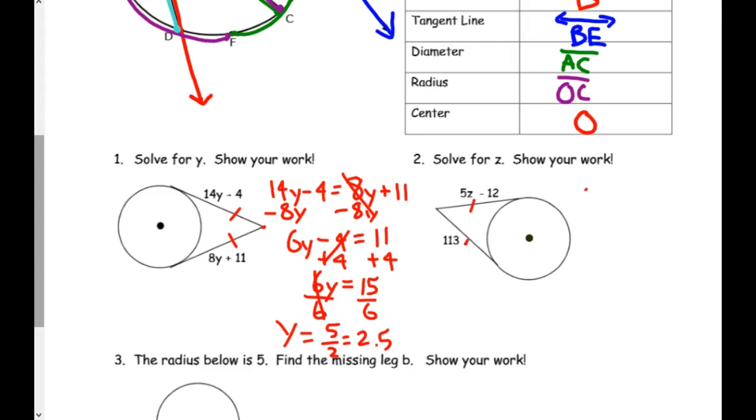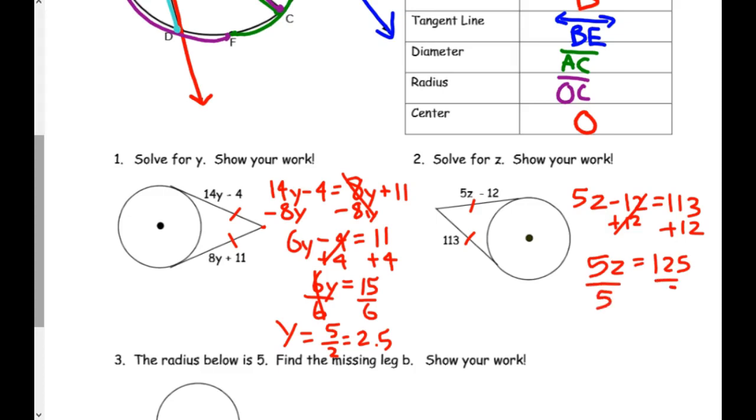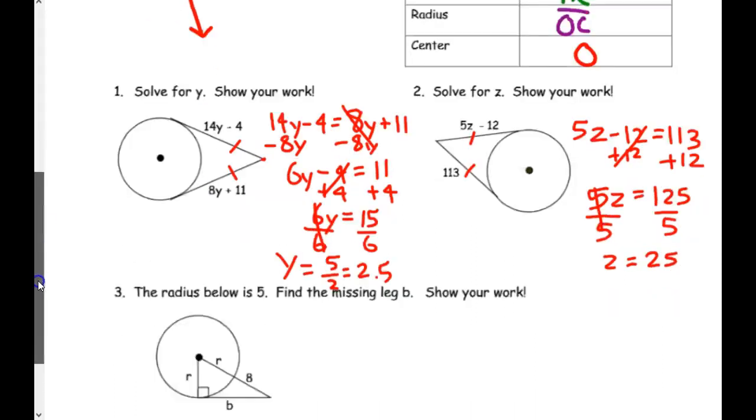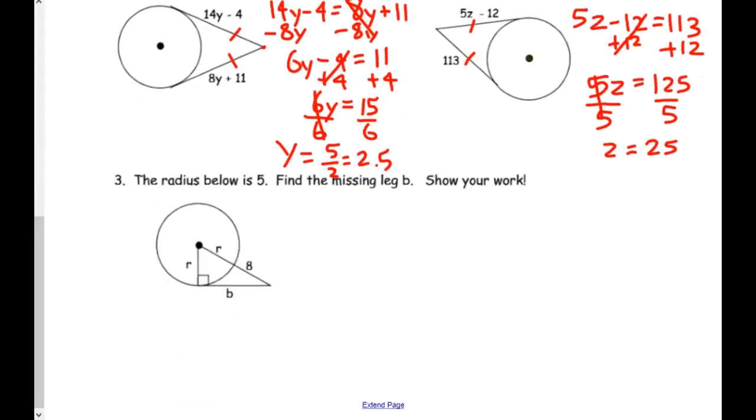Again, these are congruent, so 5z minus 12 equals 113. This is already a two-step problem. We do the opposite of the loner. We add 12 and get 125. To get rid of the 5 in front of z, we divide, and that's 25. So 2.5 for 1, 25 for 2.